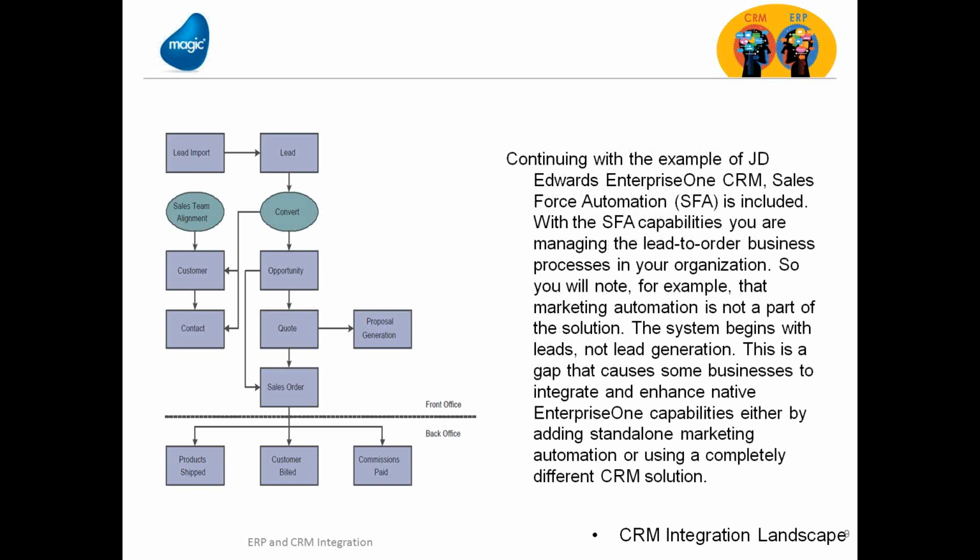If we look at J.D. Edwards Enterprise One, Salesforce automation, as we said, is included, and you're working with lead-to-order business processes. The system begins, however, with leads and not lead generation. So this is a gap that causes some people to augment the capabilities of J.D. Edwards Enterprise One CRM systems.